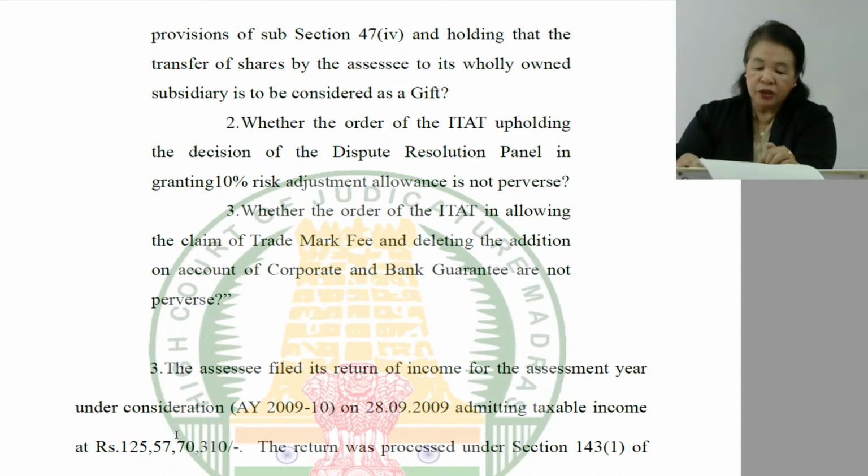So whether the order of the Income Tax Appellate Tribunal in allowing the claim of trademark... ito na yung intangibles. Trademark. Bakit the intangibles and trademark? Because it is an asset with no physical attributes, but it has a value to the product. At ano yung value niya sa product?